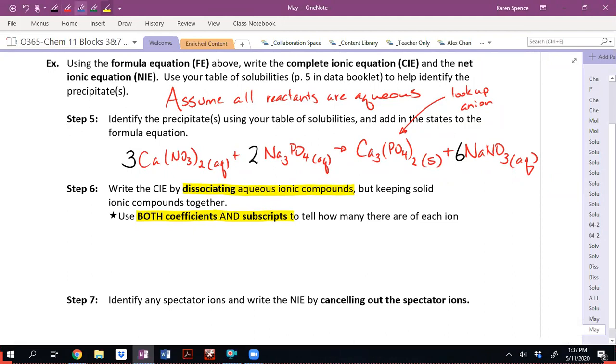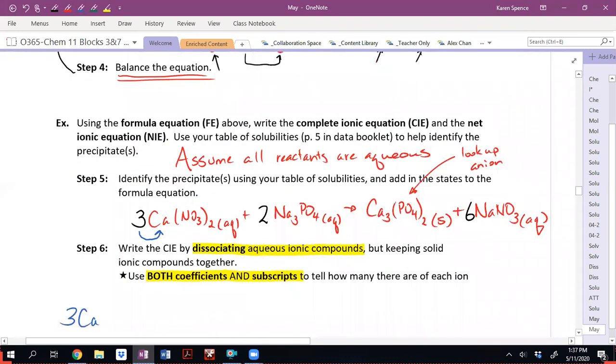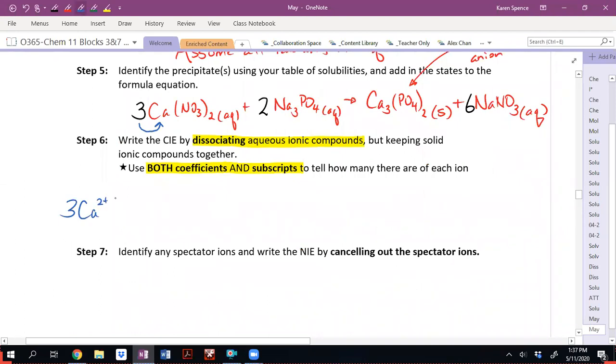What the heck does that mean? Well, we have 3 calciums, and calcium does not have a subscript, so it's just going to be 3 calciums. 3 calcium. And the charge of calcium, remember, we figured that out before. It was 2+. Do you need the charges? Yes, you need the charges. It's wrong if they aren't there. This is an ionic equation, and ions have charges.